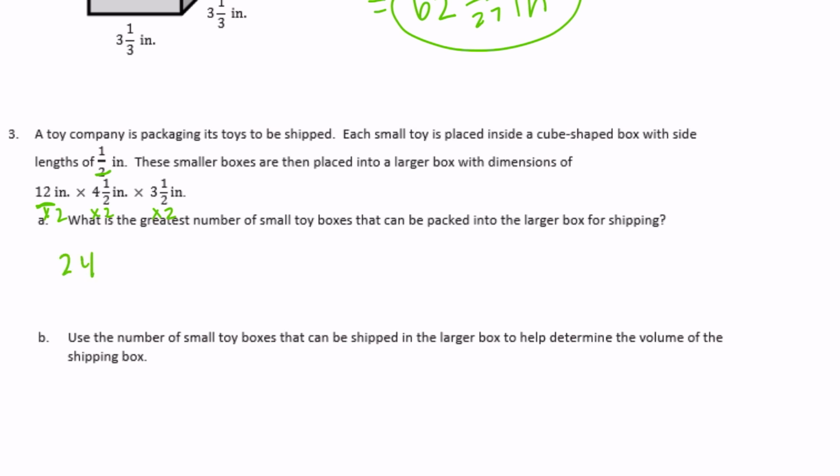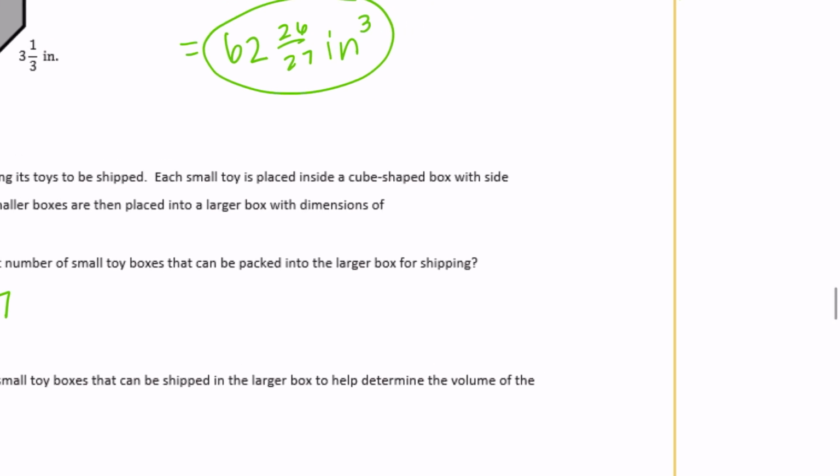So 24 times 4.5 times 2 would be 9, times 3.5 times 2 would be 7. So 24 times 9 times 7. Let's see, 24 times 9. 4 times 9 is 36. 9 times 2 is 18, plus 3 is 21. 216 times 7 is 42. 7 times 1 is 7, plus 4 is 11. 7 times 2 is 14, plus 1 is 15.